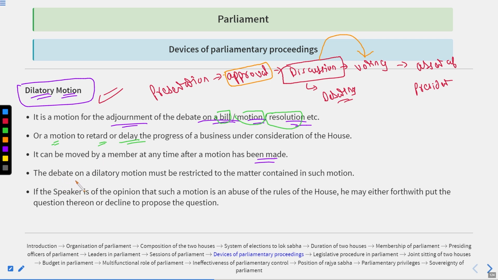The debate on a dilatory motion must be restricted to the matter contained in such motion.